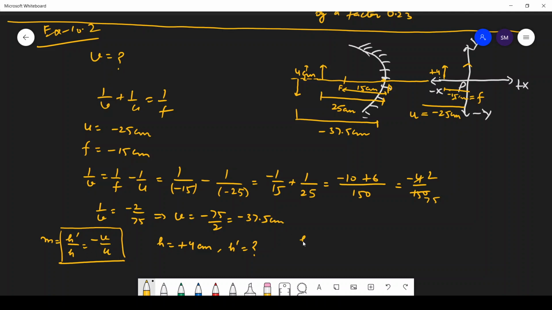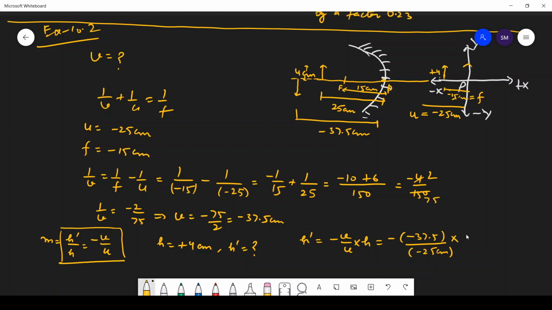So you get h dash is equals to h, so multiply, h will go that side and it will multiply. So minus v by u into h, and that will be equals to minus. So what is v? Minus 37.5 divided, what is u? U is also negative, minus 25 centimeter.